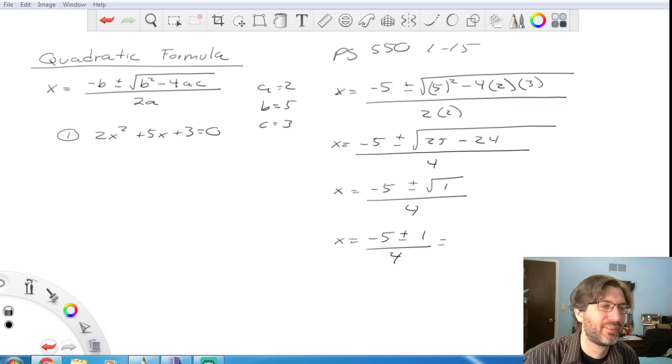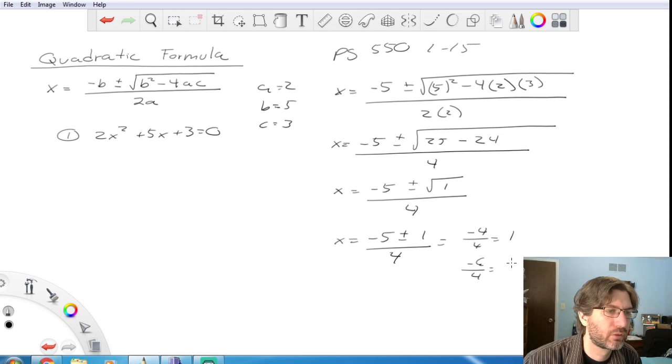Negative 5 plus 1 gives you negative 4 over 4, which equals negative 1, and negative 5 minus 1 gives you negative 6 over 4, which equals... 6 divided by 4 is 2.